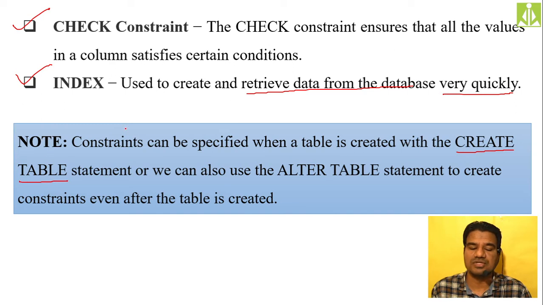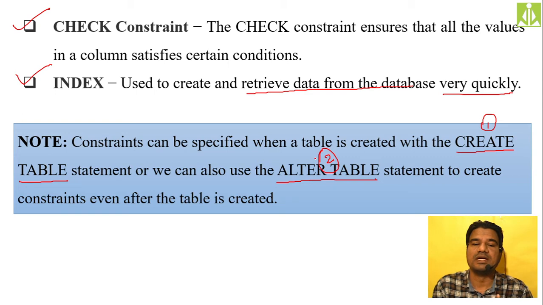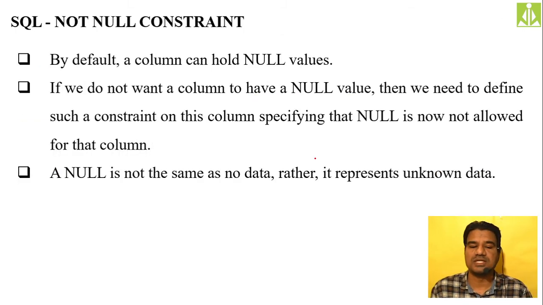And the second way, after the table is created, using the ALTER TABLE command, you can add the constraint to an existing table. Remember these two ways through which we can add constraints, conditions, and rules to our tables. Quickly, we need to discuss them one by one.